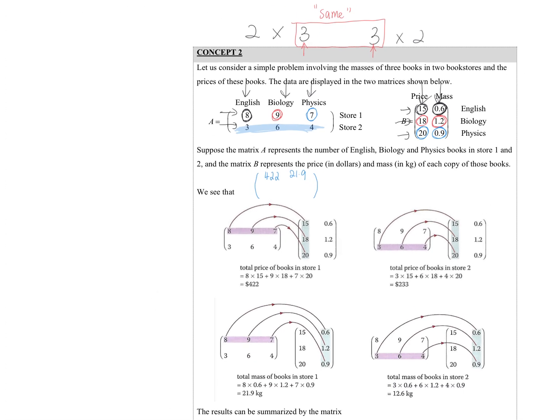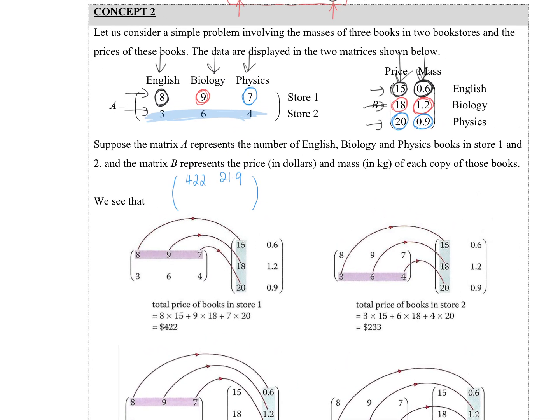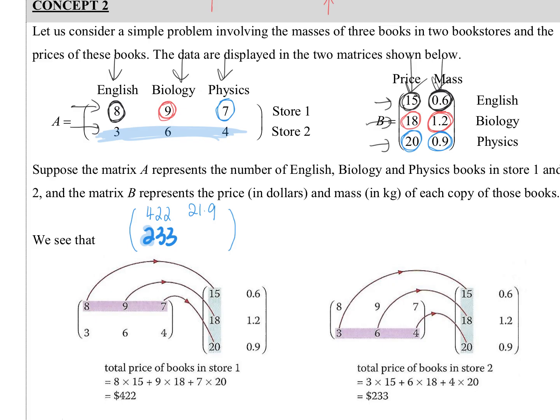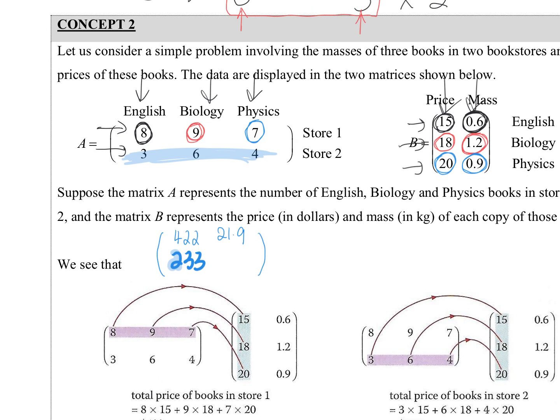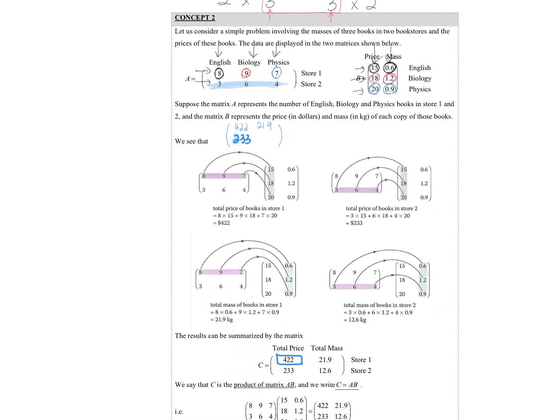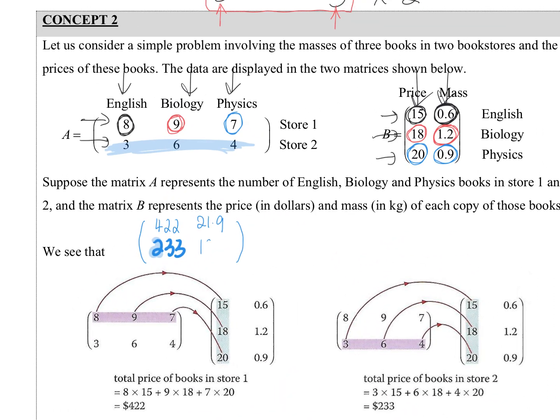So if I do that, I will get 233. Okay, the very last one is if I multiply this 3 with 0.6 to find the mass, 6 with 1.2, and 4 with 0.9. So I add the 3 values up, I get my mass to be 12.6.